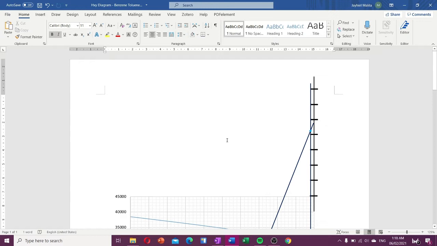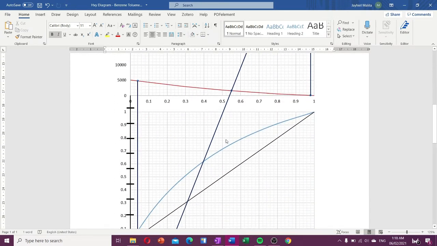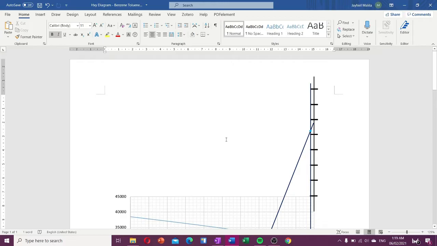Okay, so the next step would be to, okay, there must be something wrong in my drawing, but I think I need to move this up.